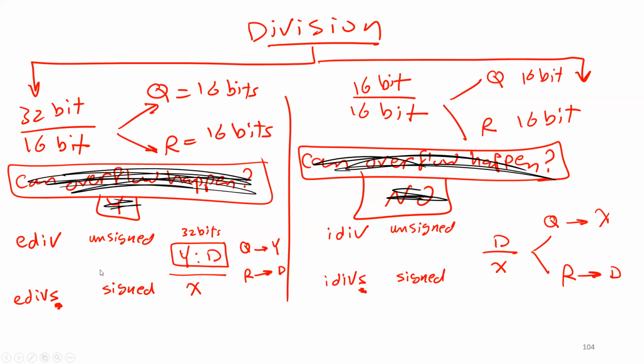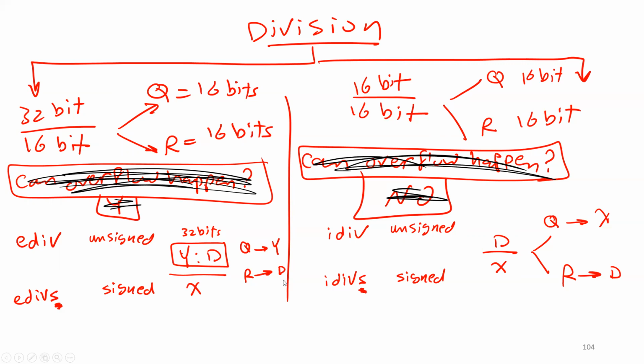Both of them do the same thing. They divide 32 bits, which are registers D and Y, where D is the least significant word and Y is the most significant word. You divide it by X. The quotient is going to be in Y, and the remainder is going to be in D.